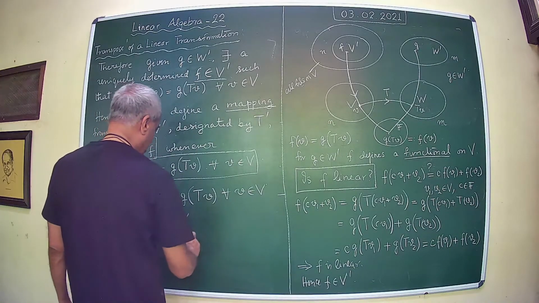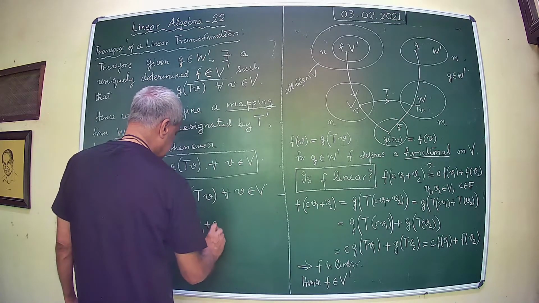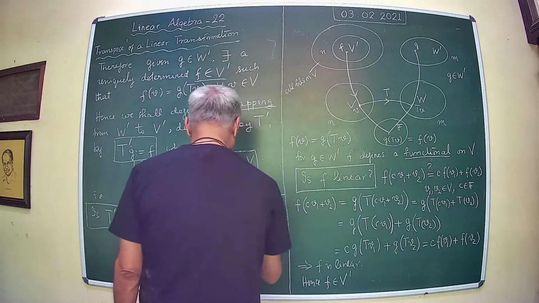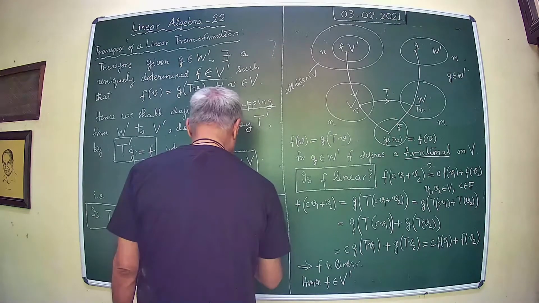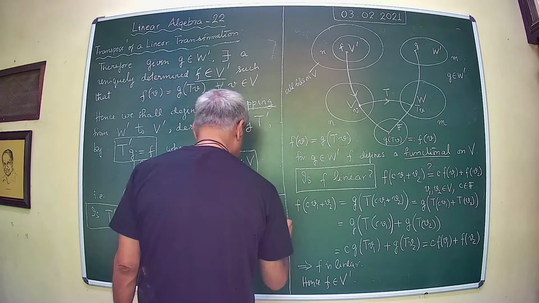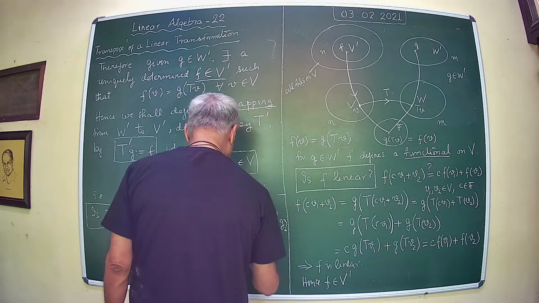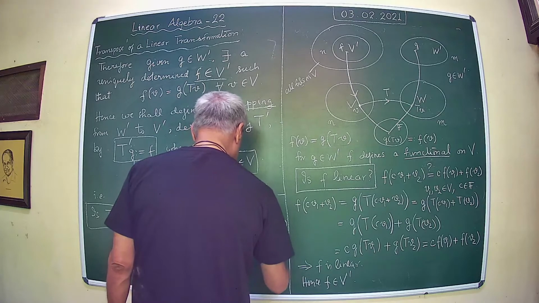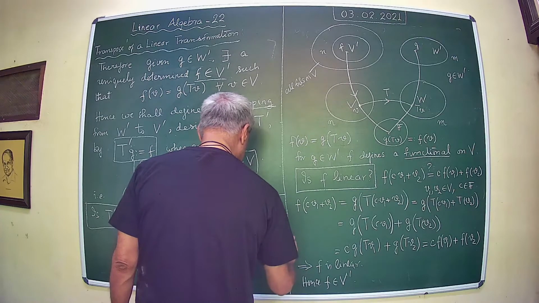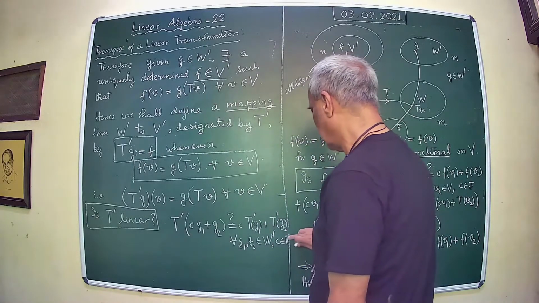T prime of CG1 plus G2, is it equal to, this is what you are asking for.